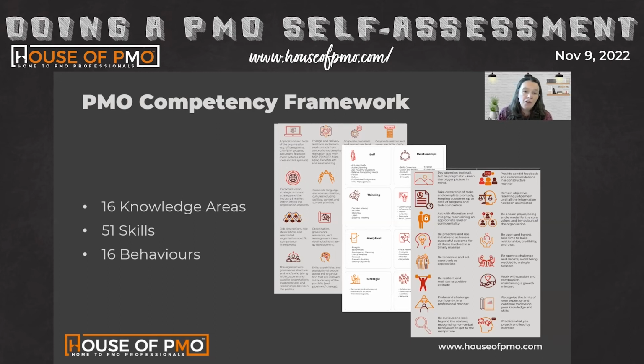And then, of course, behaviours very much make a difference to anybody in their role. You can choose to be a proactive team player, all that kind of good stuff. These are the things that wrap around how we do our job. So those are the things in the competency framework that you are self-assessing against.